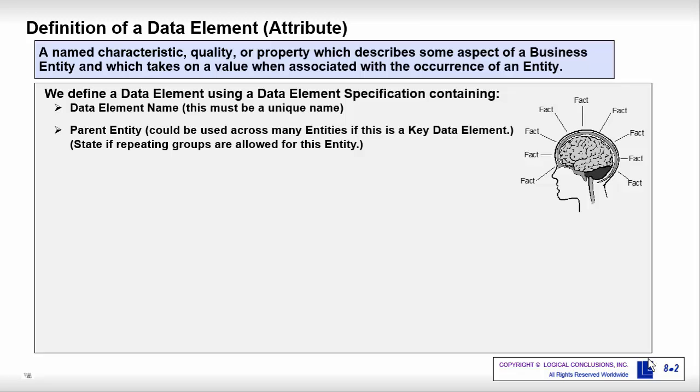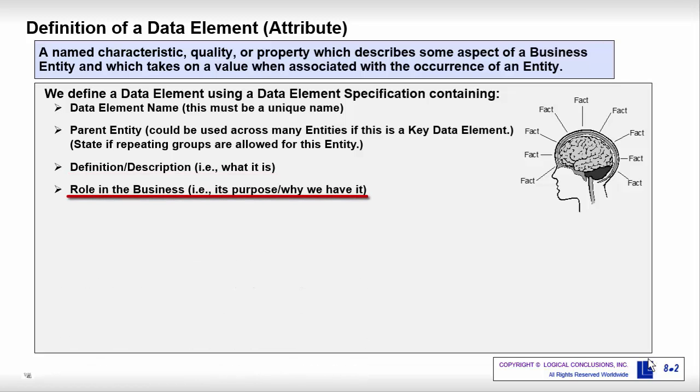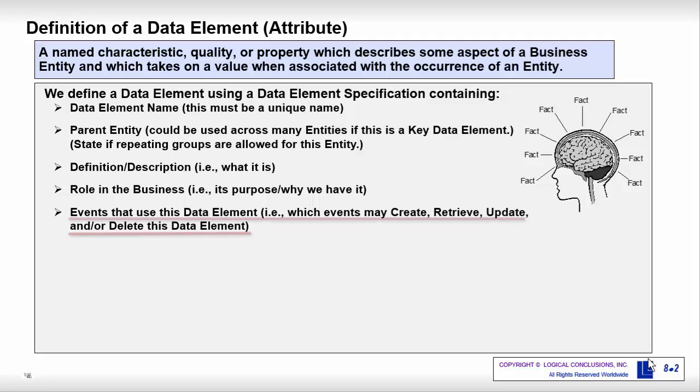For example, employee children names could be listed in the entity employee. This is where we would show that the data element is repeated for one parent entity. Its definition description, in other words what it is, its role in the business, in other words its purpose, why we have it. We can also document the events that use this data element, in other words which events may create, retrieve, update and or delete this data element.